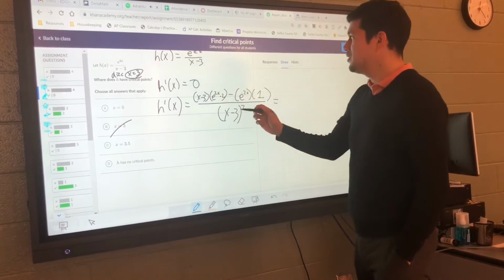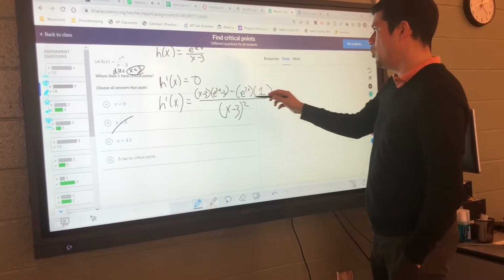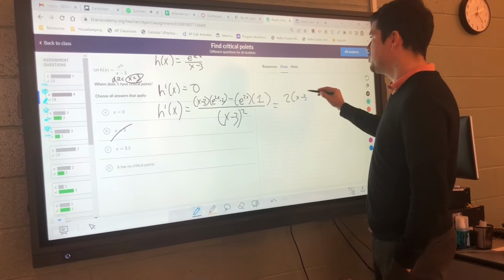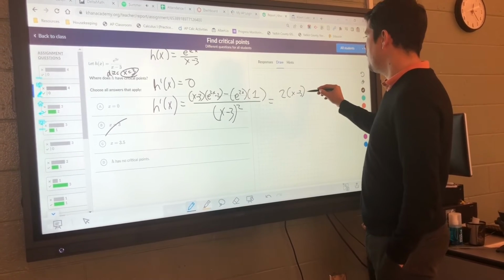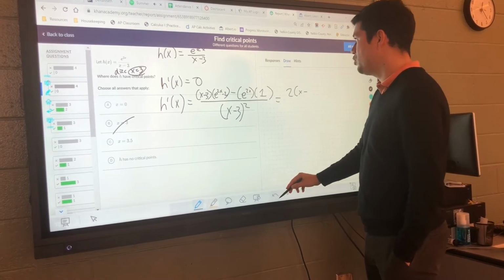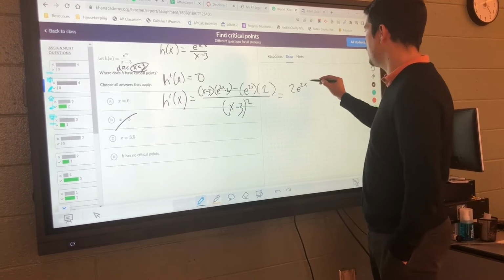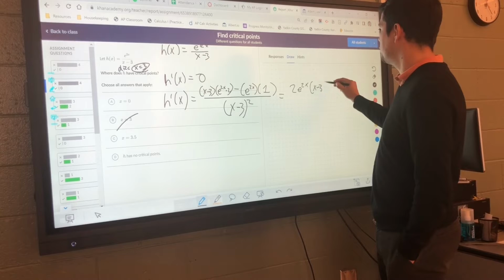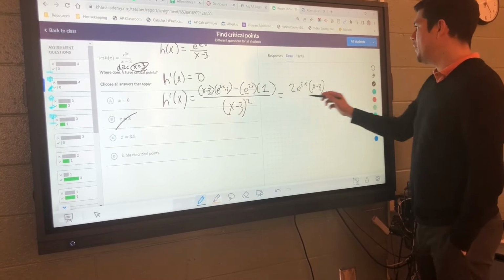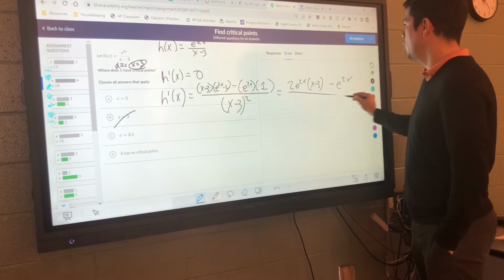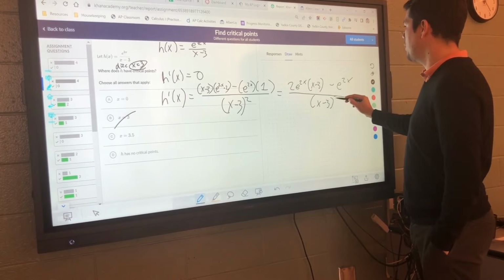All right, let's clean this up a little bit. So we will have 2e to the 2x times x minus 3 minus e to the 2x, over x minus 3 quantity squared.